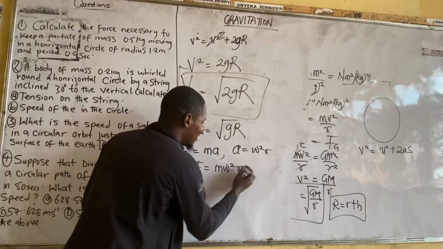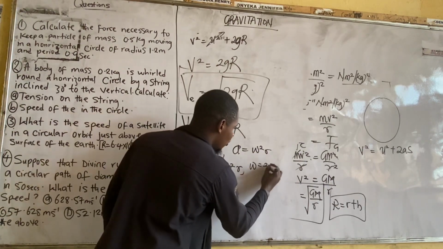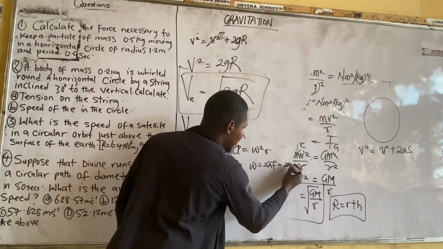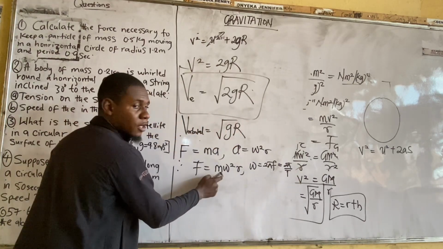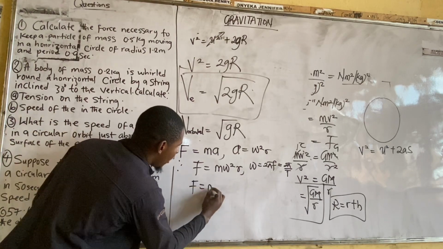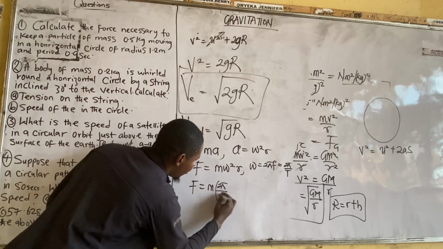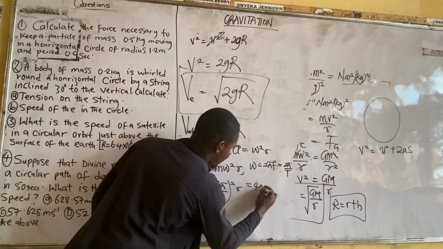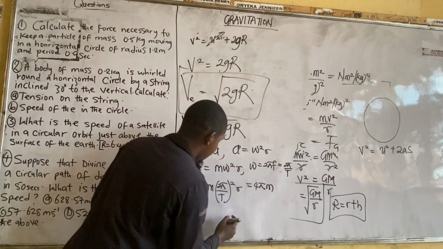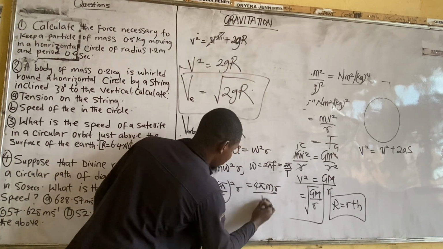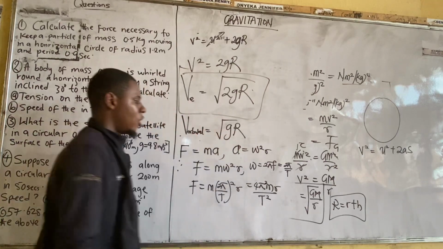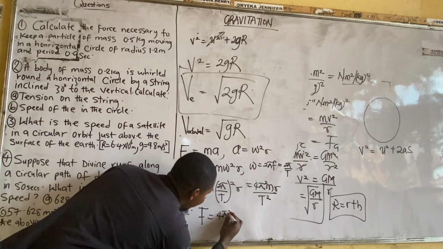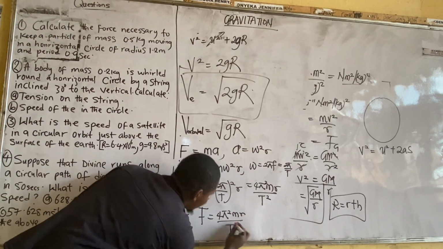You remember that the angular velocity omega is equal to 2 pi f, and frequency is the inverse of period, so that can be written as 2 pi over T. Substituting that here, we have m times 2 pi over period, all squared, times r. This square gives us 4 pi squared m r over period squared. So in essence, force is equal to 4 pi squared m r over period squared.